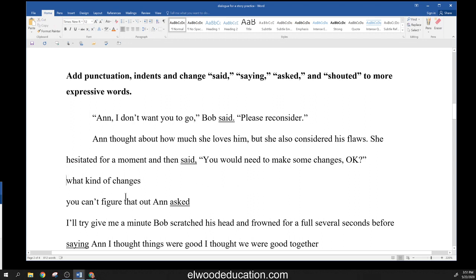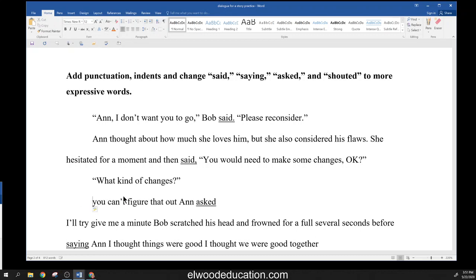The next line is going to be Bob talking. I don't need to say Bob said because I've got an indent here. So it's obviously Bob talking. Bob is asking what kind of changes. So I guess he's thinking about what can he do to make Anne happy. We have Anne talking, so we're going to indent.